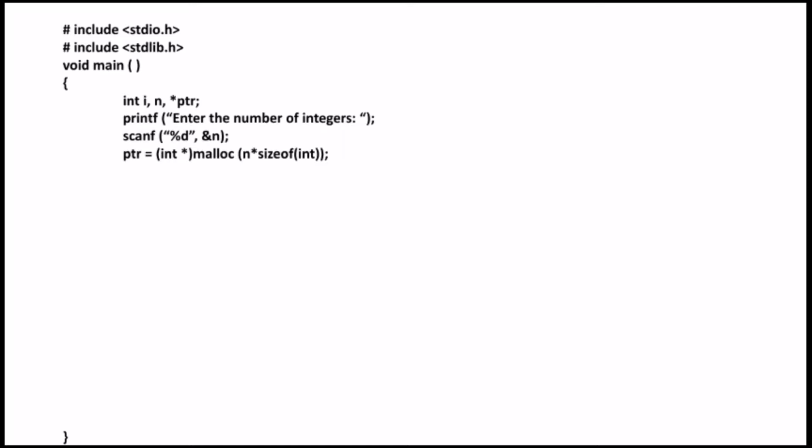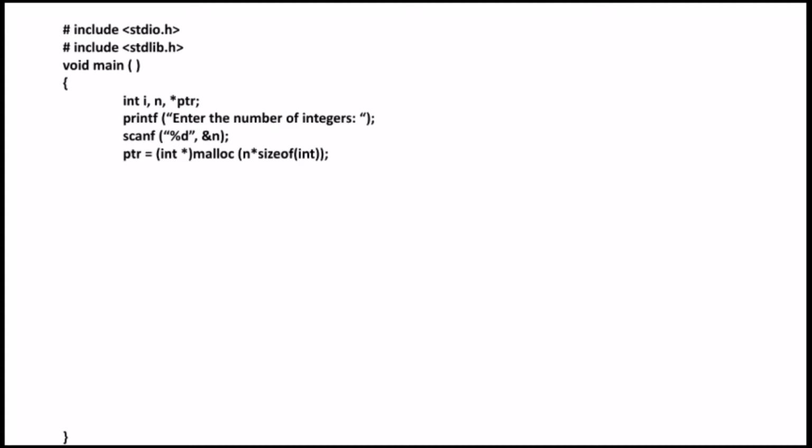Here the sizeof function will give how much space is required to store a single integer. That's why sizeof, and in brackets int. Whatever size is required depends on the compiler, whether it is 2 bytes or 4 bytes, it will be multiplied by the value of n.